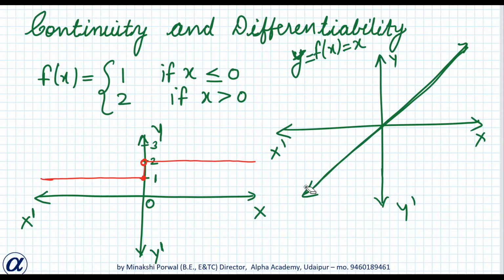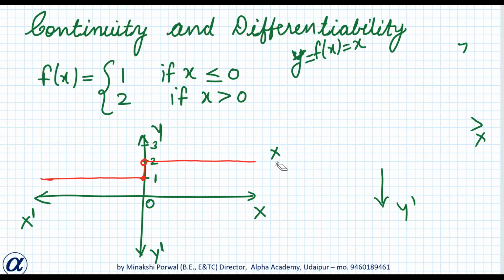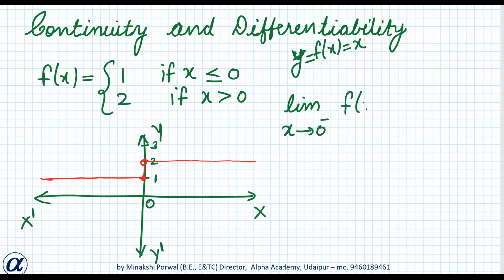Now if we move from this side and find the value of the function, this is what we call the left hand limit. If we say limit x tends to 0 minus, 0 minus means that we are approaching the point x equals 0 from the left hand side. Then f(x) is equal to what?